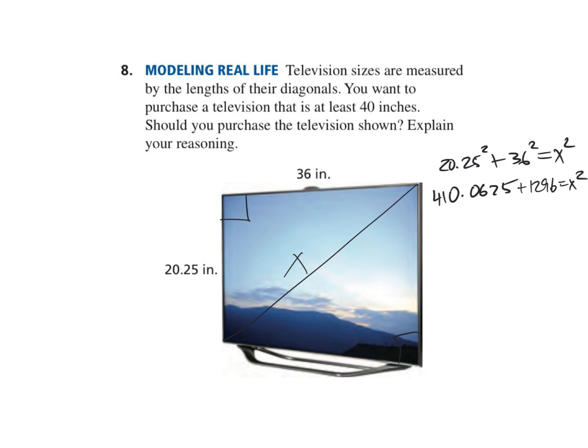All right, let's do it again. 410.0625. It's hard to hit the right buttons. Plus 1,296. That's 1,706.0625. That's x squared. So you have to take the square root of that number, and we get 41.3. So yes, it is at least 40 inches, so they can go ahead and purchase it.